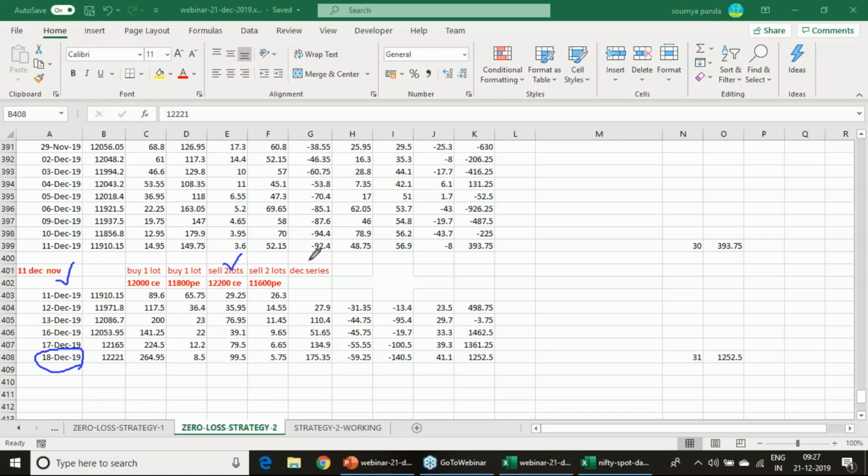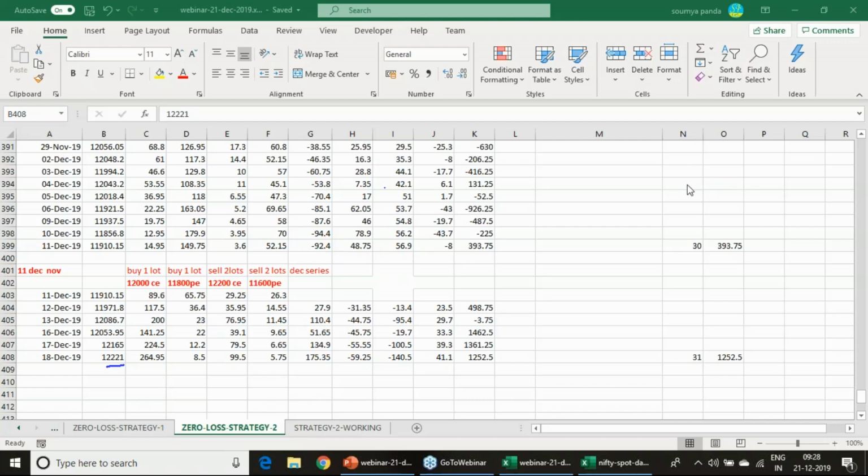So this strategy, which was initiated on 11th December, by 18th December, it is giving you 1252. Before that also it has given you 1462, 1361. This is the difference it has given. However, as per the rule, if you are exiting, you should book a profit of 1252 and come out.